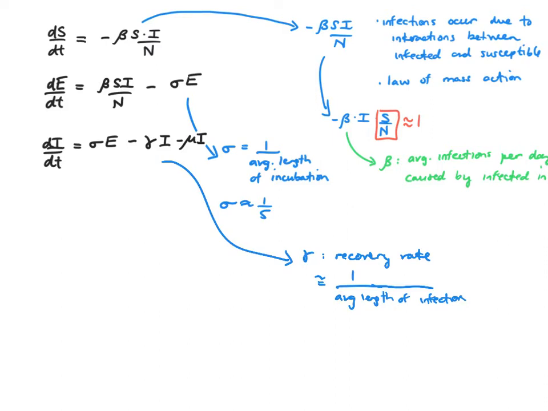And most of the models right now are converging around an average length of infection. This varies from person to person, by the way, but we can average this out, and it's about 11.1 days. So this rate would be 1 over about 11.1. Okay, so they're lost according to recovery, or they're lost according to death. Okay, this is the death rate.